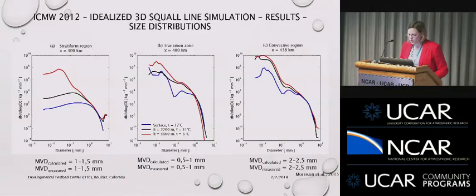So it's really important. It's something that should be taken into consideration in the future, also when you're using a bulk microphysics scheme, that maybe in a squall line simulation or a convective case, using different parameters for describing the size distribution of the water drops is important for accurate precipitation forecasts.